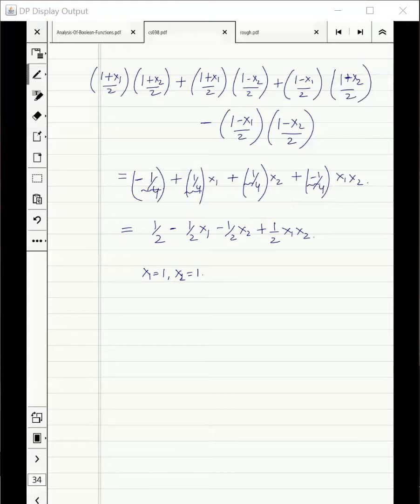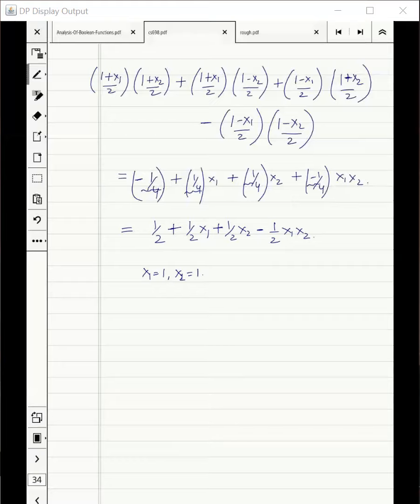Minus half. The signs will change, I guess. Is this the one? Yes. Okay, good. That's the final answer.